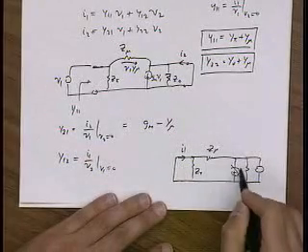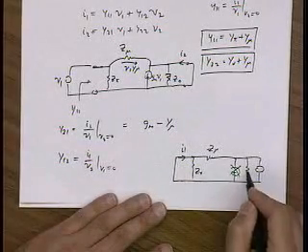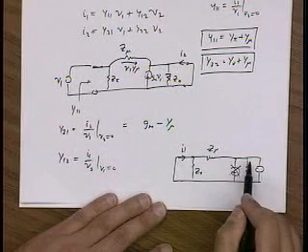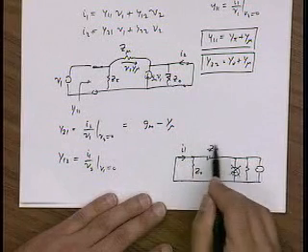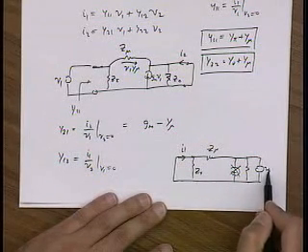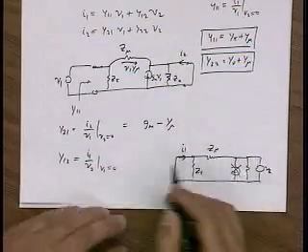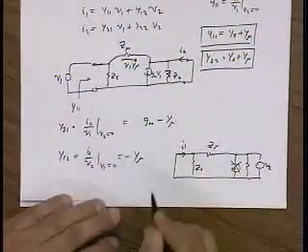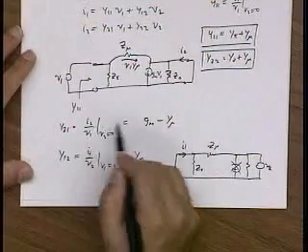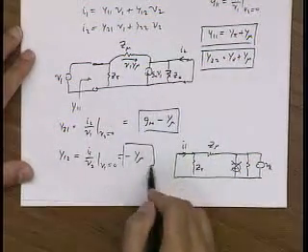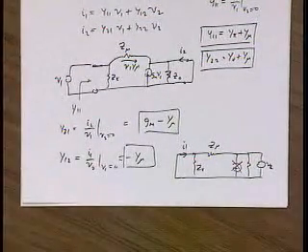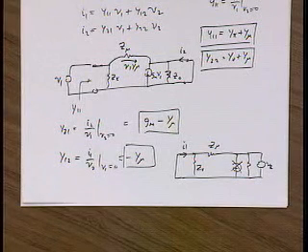Well, if the input's shorted out, this is gone. This doesn't really matter. The current flowing here is just through Z mu, right? It's V2 times Y mu, and I put a negative sign, so it's minus Y mu. Okay. So these are my Y parameters for my transistor. Questions?